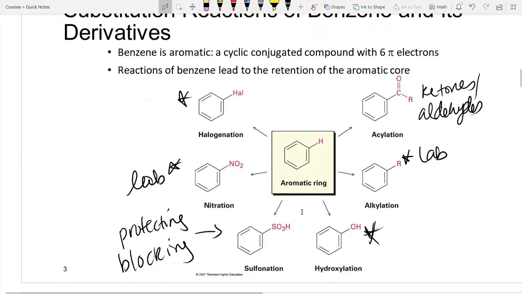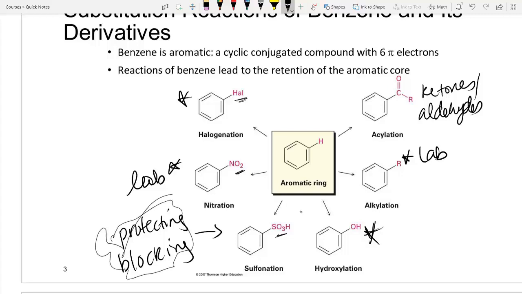What we're going to focus on outside of that is how we make the electrophiles to do all of these reactions. We are going to make the electrophile for the halogen, and the nitro group to do nitration. We'll talk about the sulfonation. This one is very important because we can use this as a blocking group or a protecting group on the ring.